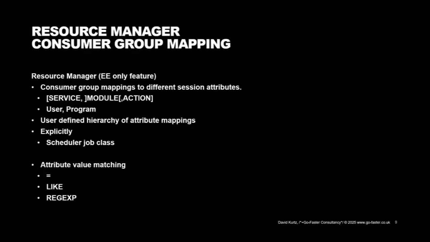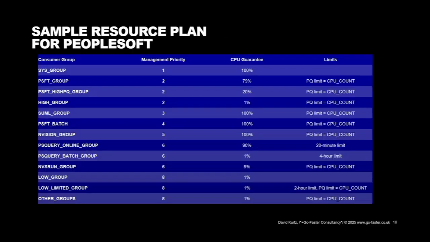We can use module like, and we can do a regular expression pattern match as well. If you've got variable values turning up in your module and action, and sometimes you do because you want to track what's going on within an application that way, you can pattern match the fixed parts of that text and ignore the values coming in from a variable.